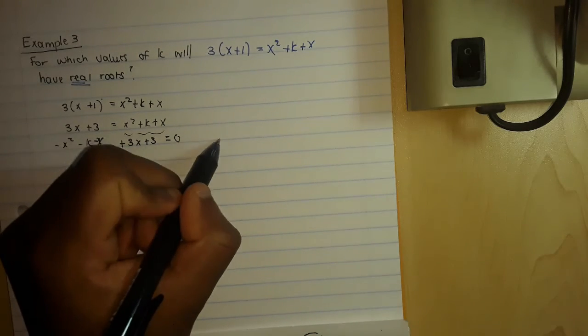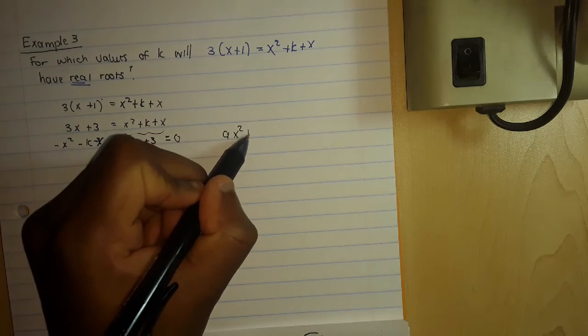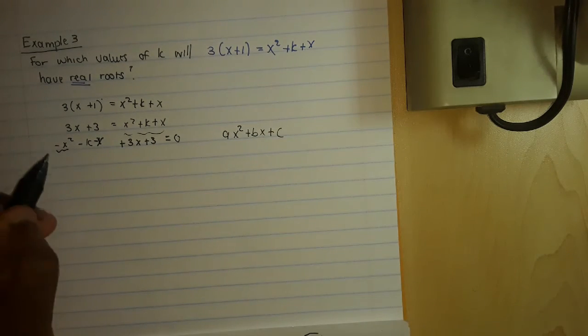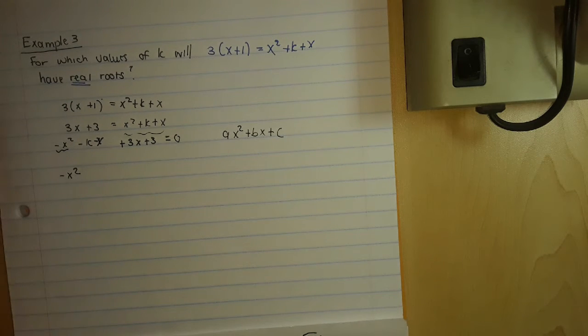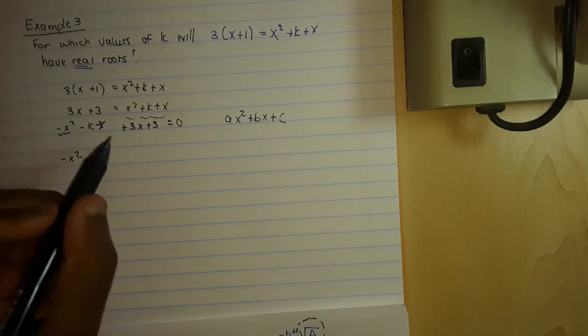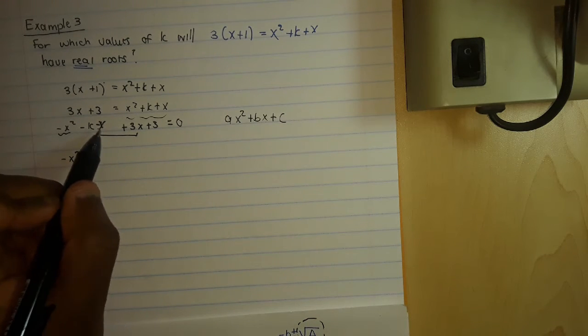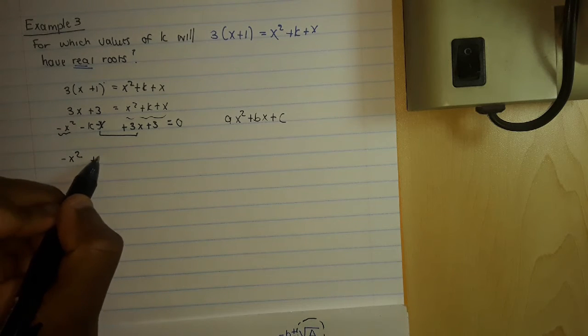Remember that what we want to achieve is a standard form of ax squared plus bx plus c, right? We already have an x squared term, so we can write that down just as it is, minus x squared. And then for the x's, we have this term and this term, so it's minus x plus 3x, which simplifies to plus 2x.